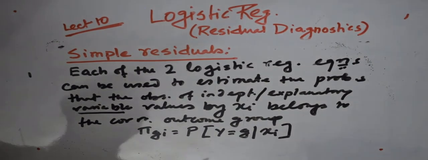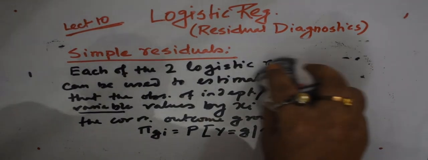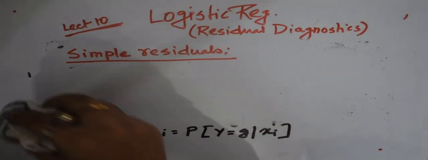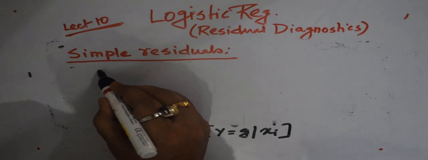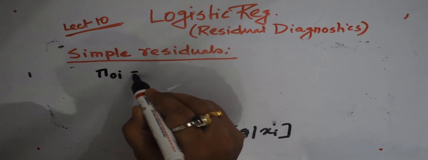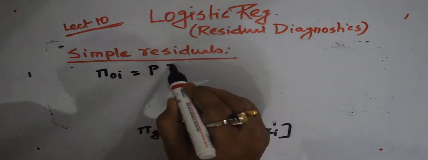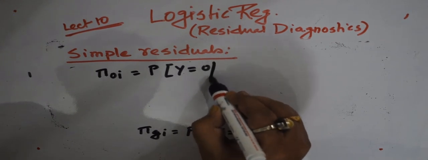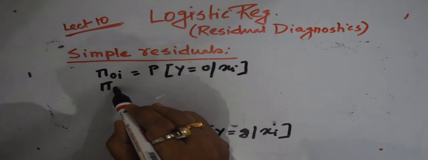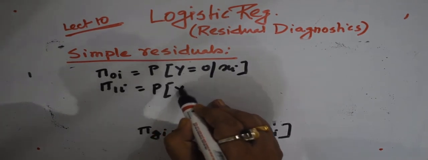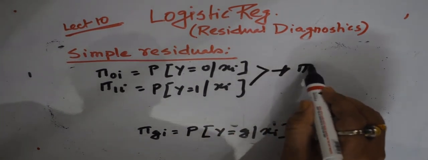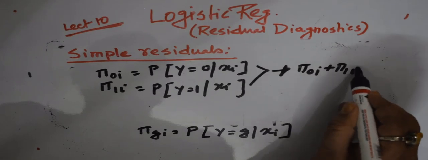Then pi naught i is the probability that y equals 0 given xi, and pi 1i is the probability that y equals 1 given xi, and pi naught i plus pi 1i equals 1.